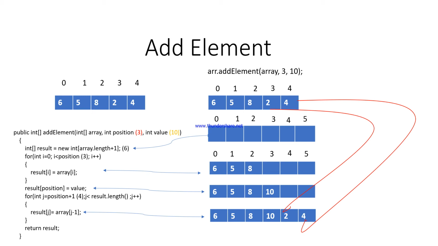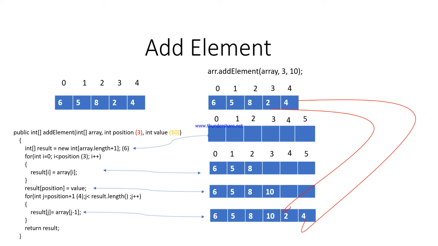So the first element 6 is located in the 0th position, so the index is 0. The 5 is in the first position and 8 is in the second position. 2 is in the third position and 4 is in the fourth position. This is how we represent the index, and the length of the array is 5.